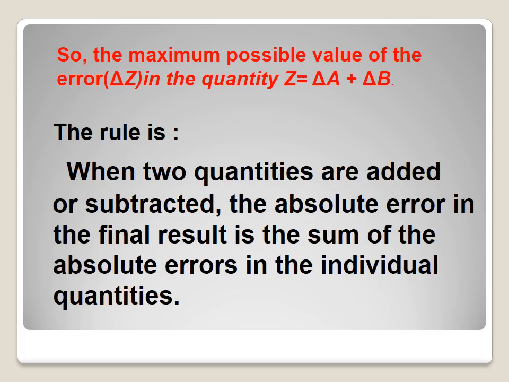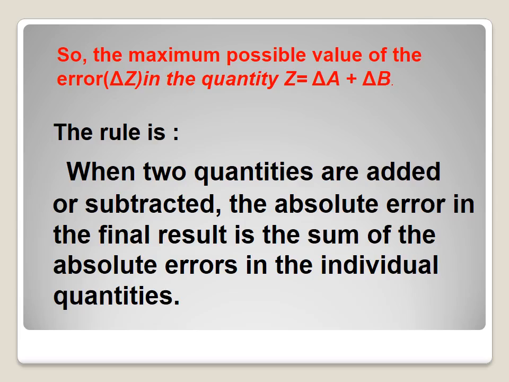So, the maximum possible value of the error delta Z in the quantity Z is equal to delta A plus delta B. Here we have considered the positive value only, as the error is the absolute error.